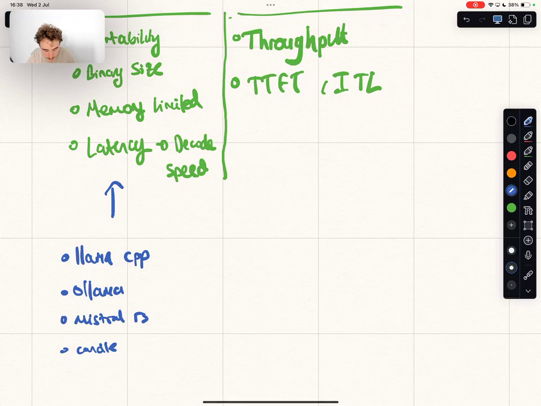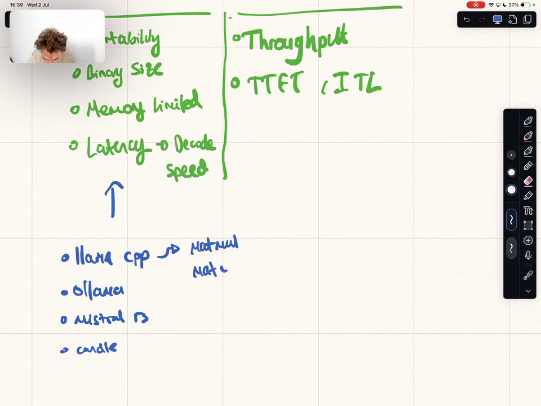They're designed to be portable, and by portable I mean they don't rely on hardware-specific or vendor-specific tooling. For example, Llama.cpp even goes so far as to write its own matmul or matvec, its own GEMM and GEMV operations, using native C or C++, so that it can run on any device that can compile C or C++, and that's obviously the vast majority of devices.